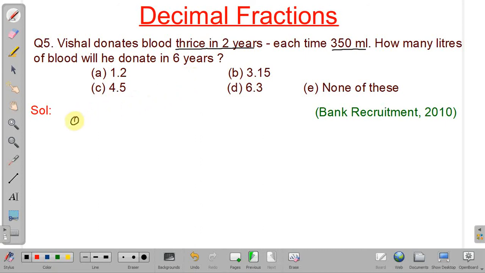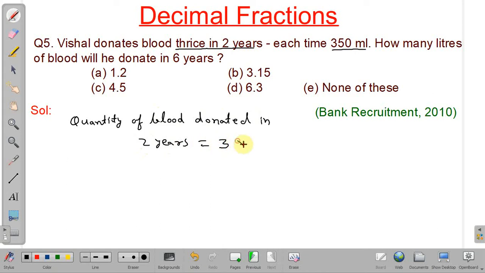So quantity of blood donated in 2 years is equal to, as he is donating 3 times in 2 years, so 3 into, and every time he is donating 350 ml. So it will be equal to 1050 ml, or in liters we can write 1.05 liters.